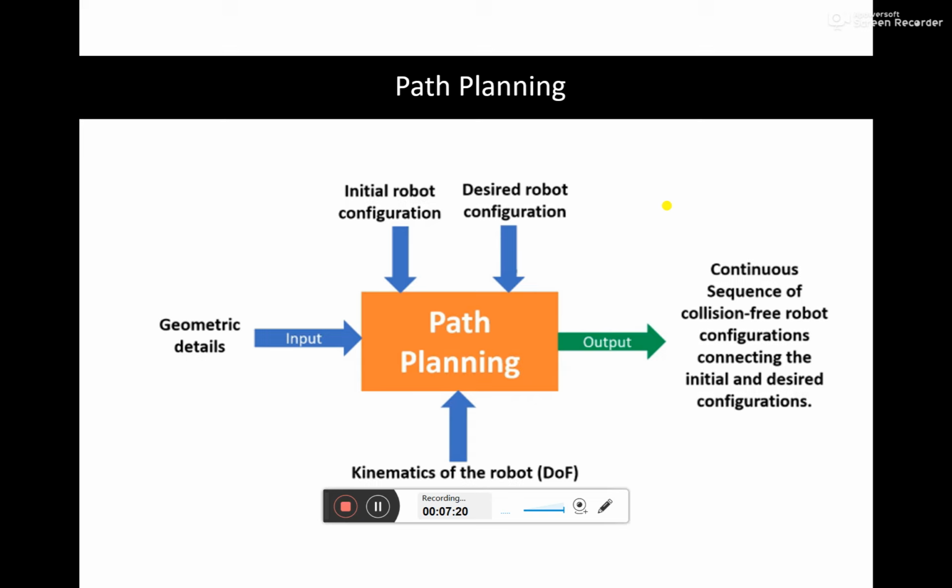During path planning, we have to decide what type of movements the robotic manipulator has to perform, as per the geometric details related to the object. For that, what is the initial configuration of the robot?